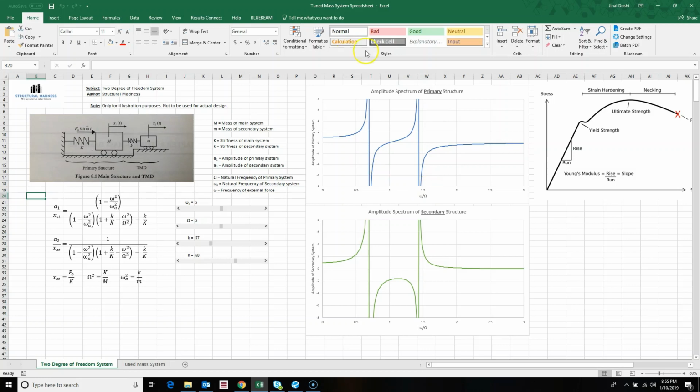So if we are outside these resonating frequencies, then for sure our damper is going to reduce the loads in the primary system. But for example, let's say the forcing function is occurring at this frequency.